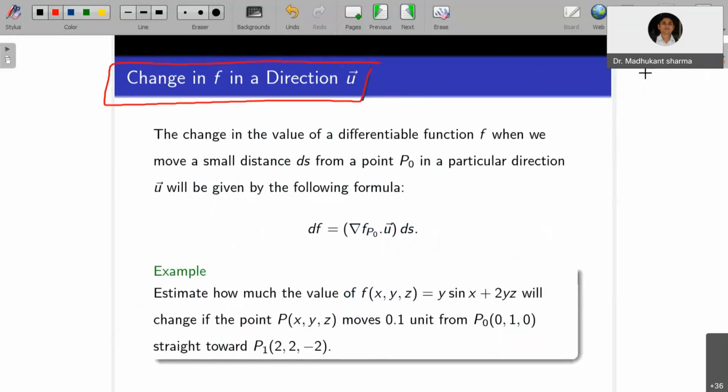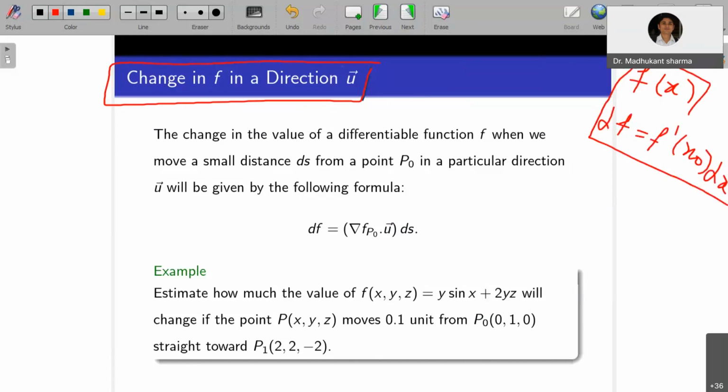For a function of a single variable f, if you want to identify the change in f with respect to x, df at point x naught is nothing but f dash at x naught times dx, if you recall. That will give you the change in f.